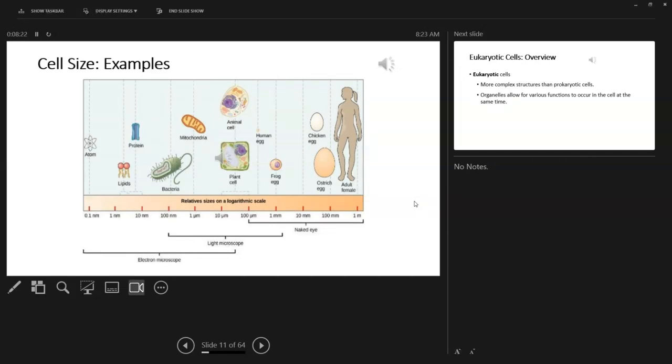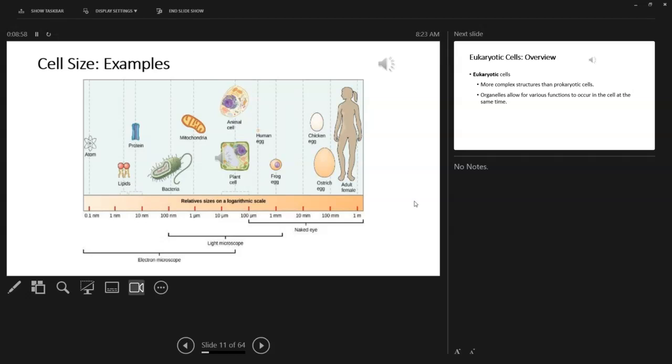But on the scale here, it tells us this would be meters, millimeters, which are 1,000th of a meter, and then microns, also called micrometers, that are 1/1,000,000th of a meter, and then nanometers are 1/1,000,000,000th of a meter. And here we see plant and animal cells about the same size.